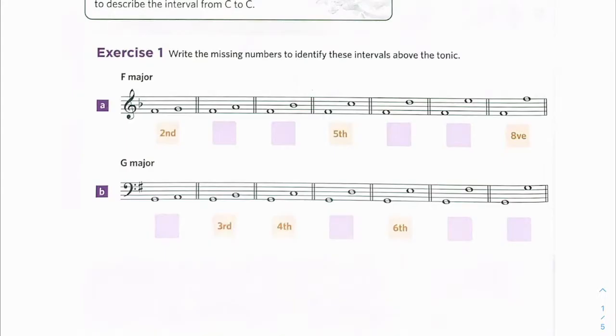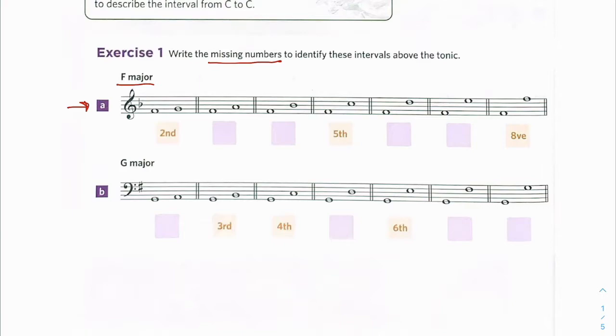Exercise 1. Write the missing numbers to identify these intervals above the tonic. Question A. We are in the key of F major. And you will notice that the first note in every bar is F, because F is the tonic or the first degree in F major.